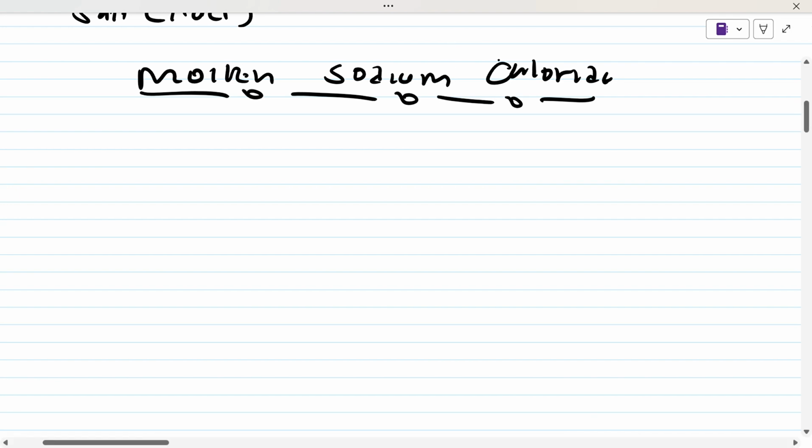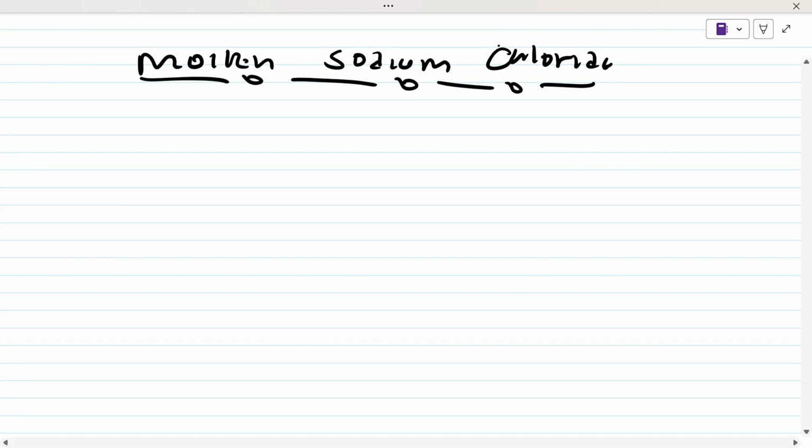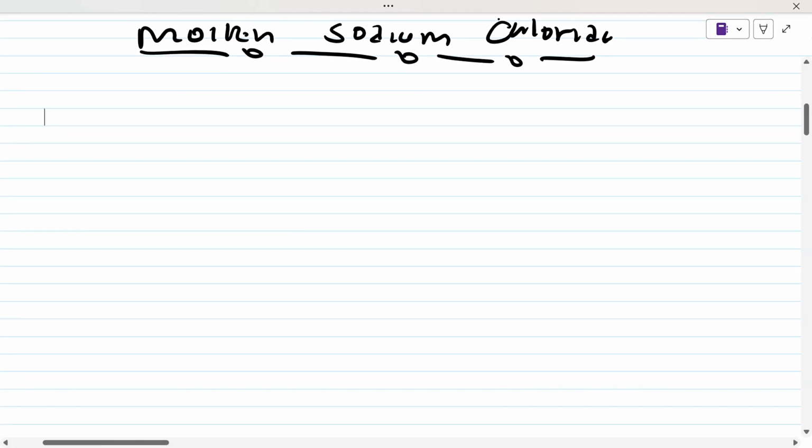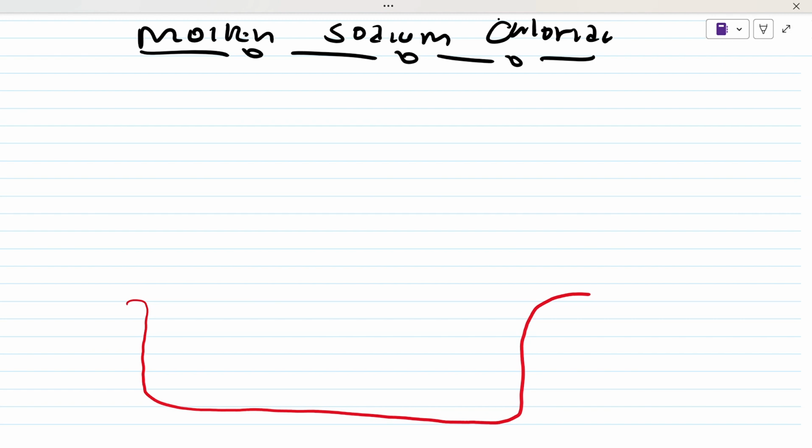Now, in my electrolytic tank, I'm going to have a sketch of it. In my electrolytic tank, I'm going to have something like this. Don't worry about the sketch. It's just to enable you understand what we are dealing with. In my tank, I also need my electrodes.